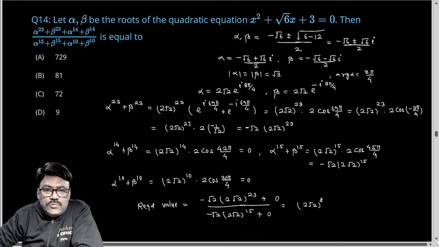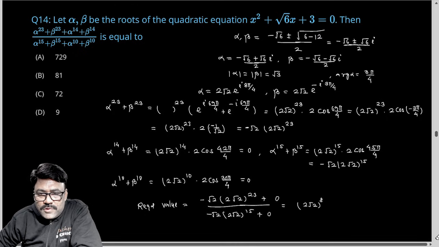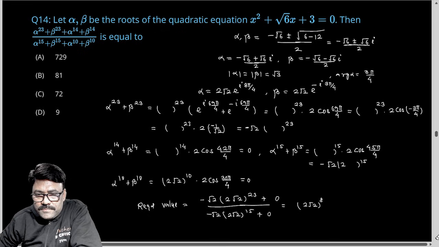So in place of this 2 root 2 everywhere, I have to write root 3 everywhere. Whenever I'm writing 2 root 2, that should be root 3, everywhere.